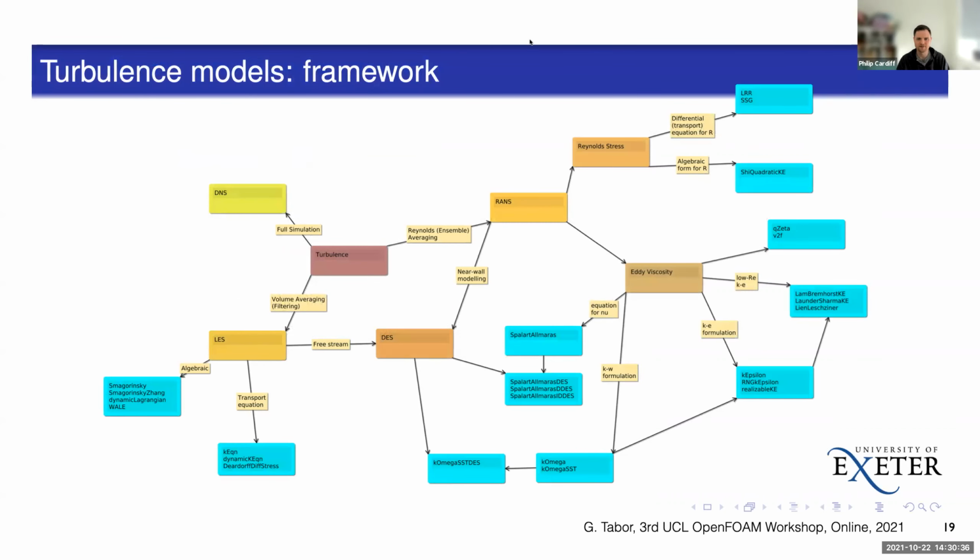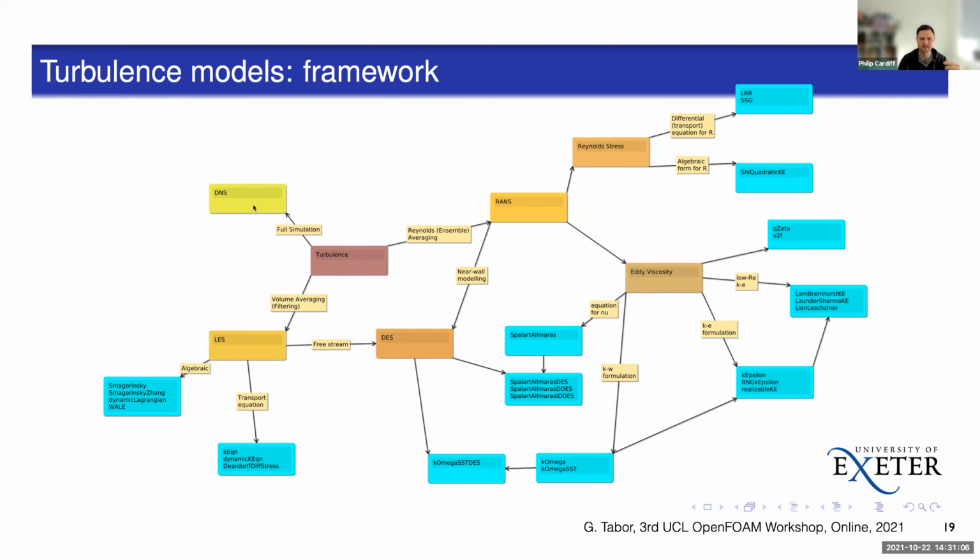I'm taking this slide from Gavin Tabor in Exeter. I saw a talk of his at the conference earlier in the year, and I thought he gave a nice mind map of turbulence modeling. So basically, approaches to modeling turbulence. We have RANS approaches, LES approaches, and then DES is a combination of RANS and LES, and then there's DNS on its own.